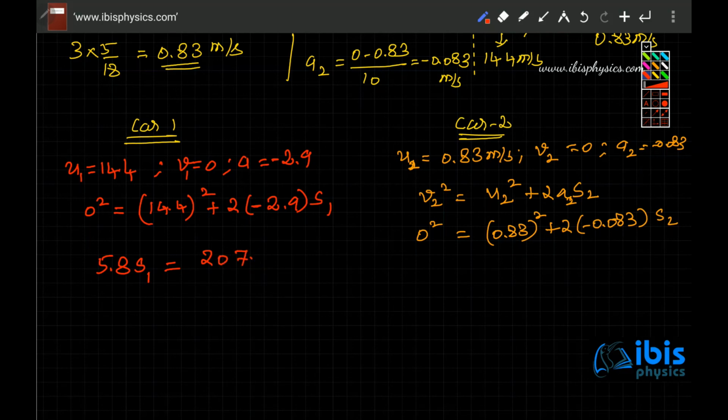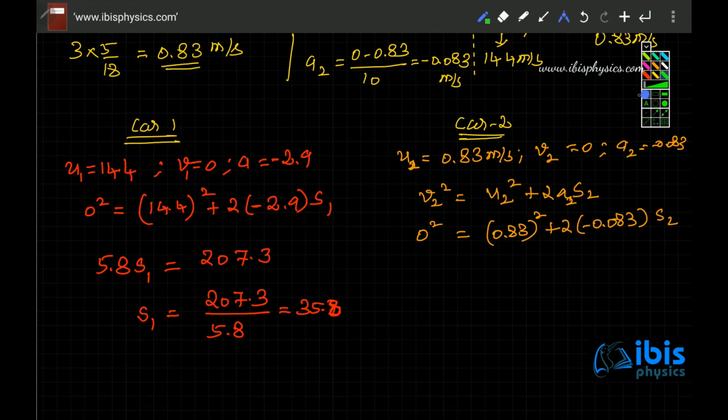So the displacement of the car is 207.36 divided by 5.8, which gives us about 35.8 meters.